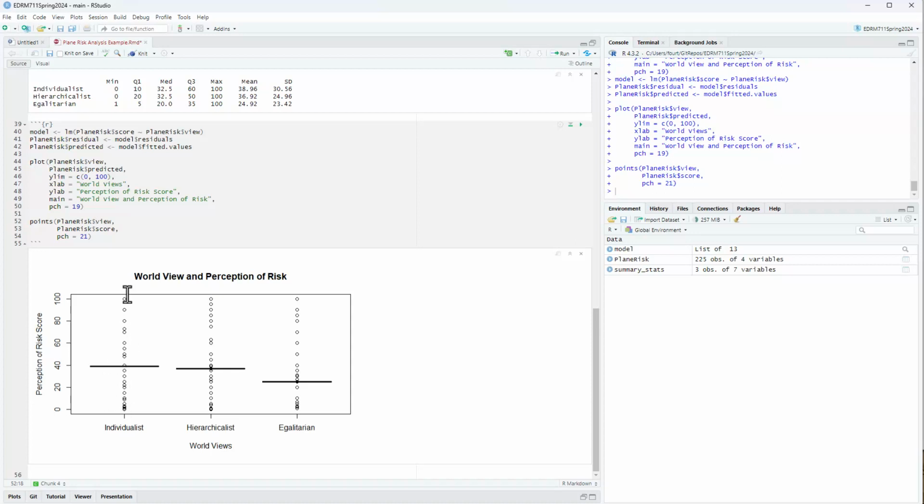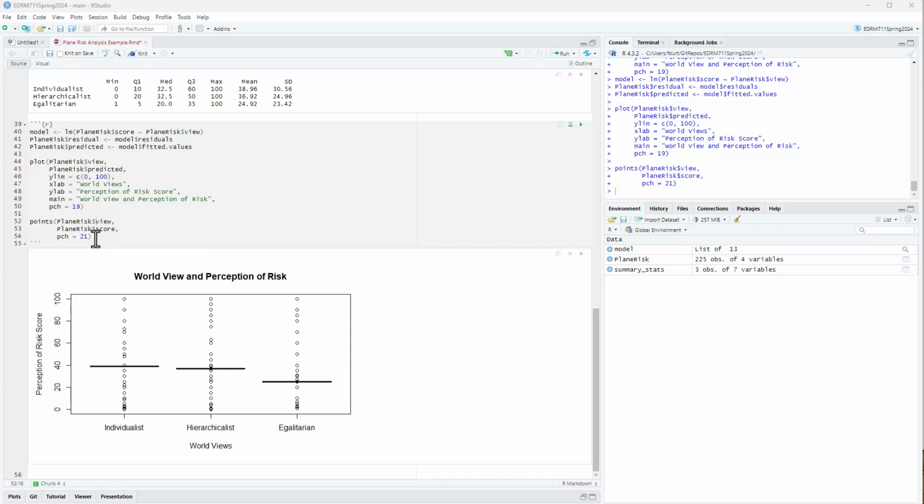But this gives you the idea that we have a whole range of observed values in each of the groups, but the predicted value is the same for everyone within a group, although the predicted values are different from one group to another. Now those predicted values are individual means.